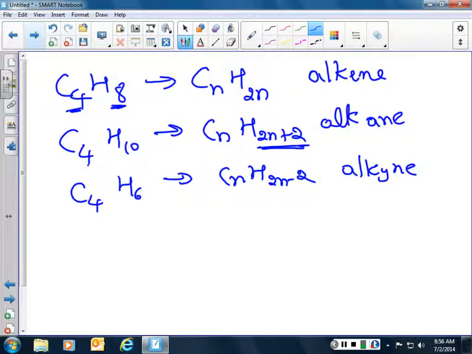If you just remember this general formula, it will be easy if you write the molecular formula. Correct?